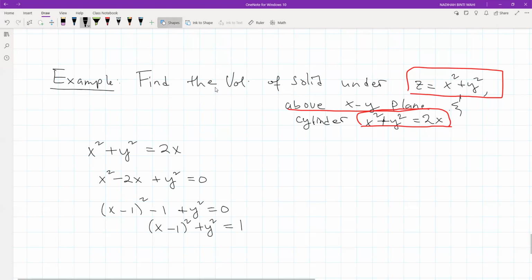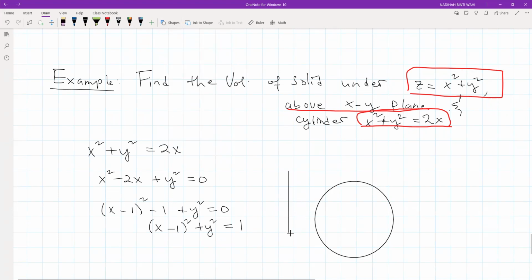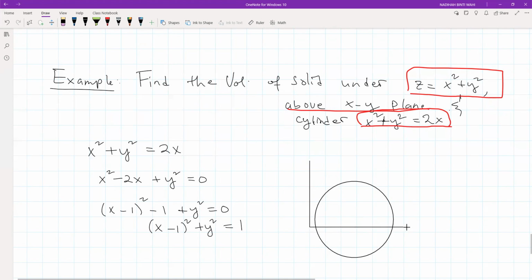So kalau saya lukis dia punya circle, salah. Agak-agak lah. Lebih kurang kat situ lah.